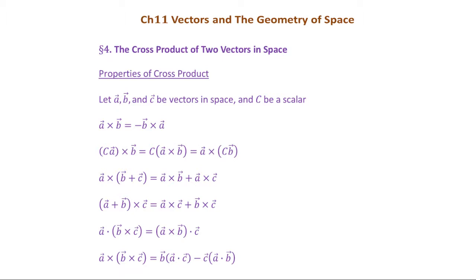The next format is very interesting. We have both the dot product and the cross product at the same time. We have B cross C, the cross product between B and C, which gives you a vector.